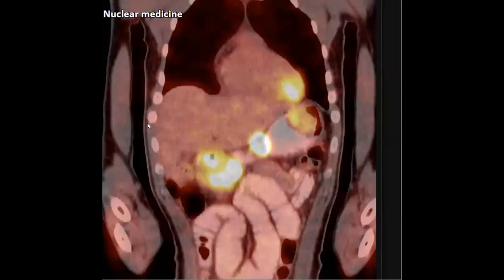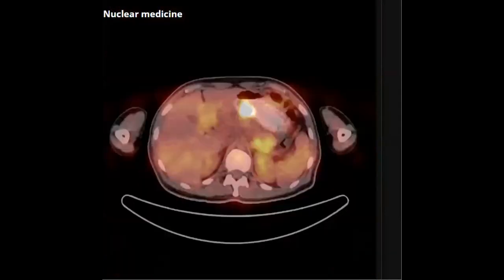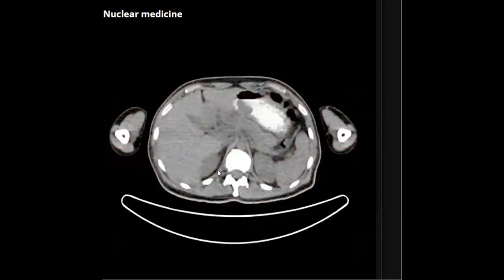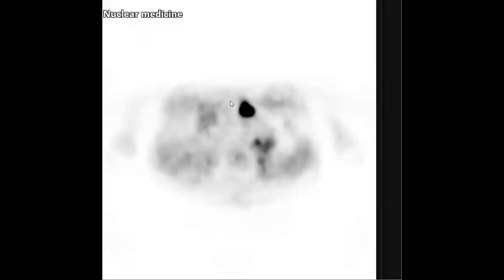And what do you see in this patient? Do you see that there is pathological uptake here? You agree? Everyone agree? Yes. But take care. This in the liver is physiological, in the kidneys is physiological, okay? But this one is pathological.